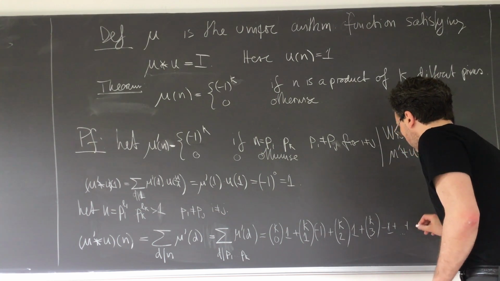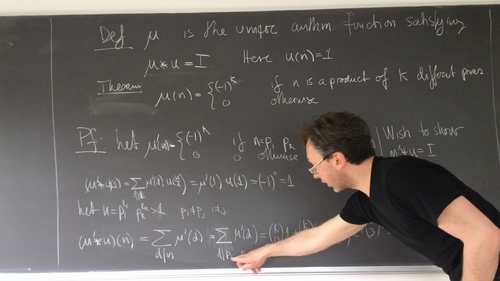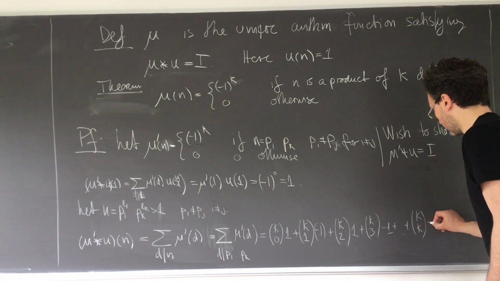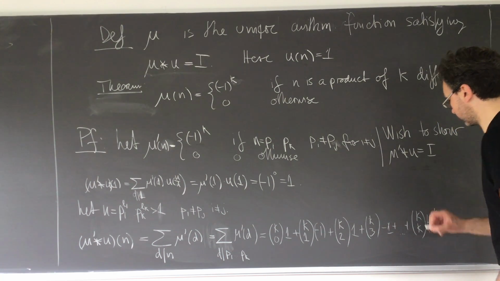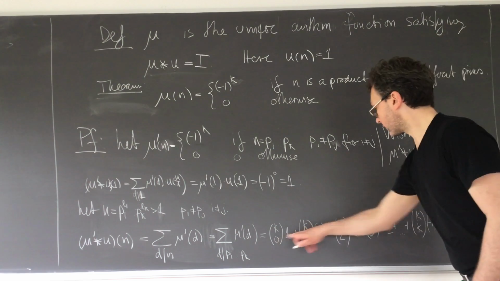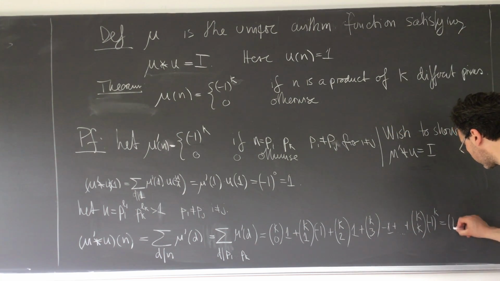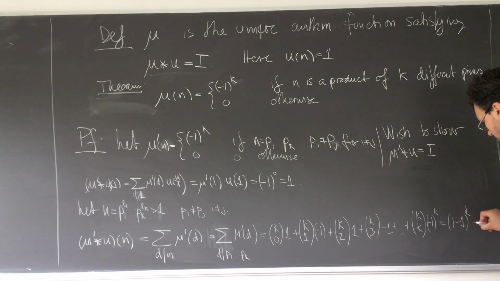Then I continue up to the last one, which is the whole thing. I'm choosing k out of k, and the value is minus 1 to the k. Now by the binomial theorem, this sum is 1 minus 1 to the k, which of course is 0.